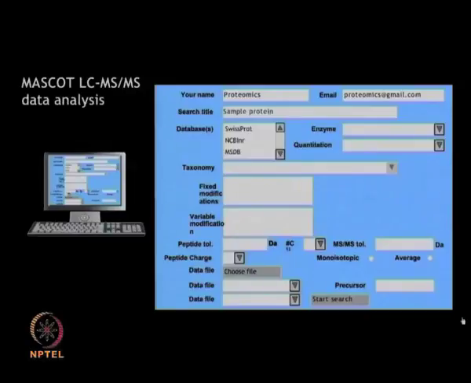The MS/MS data analysis software requires input from the user regarding the experimental parameters used such as enzyme cleavage, modifications, instrument used, peptide charge, etc., and the desired search criteria like taxonomy, peptide tolerance, etc. The commonly used protein databases against which the MS information is processed to retrieve sequence data include NCBI, MSDB and SysProt.